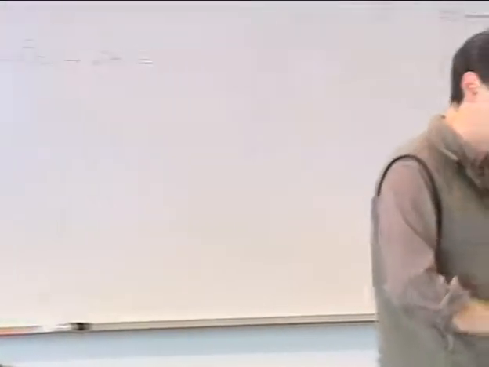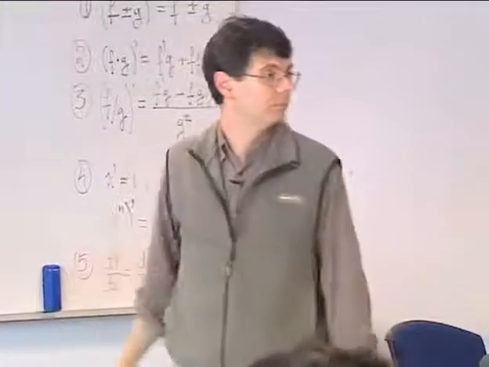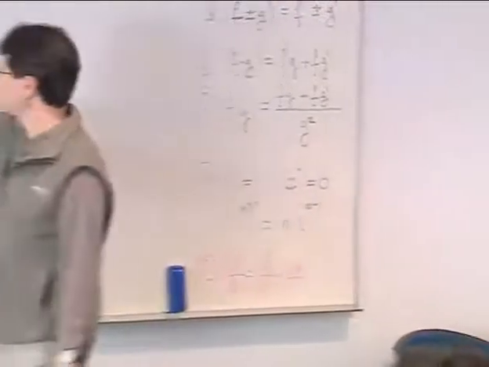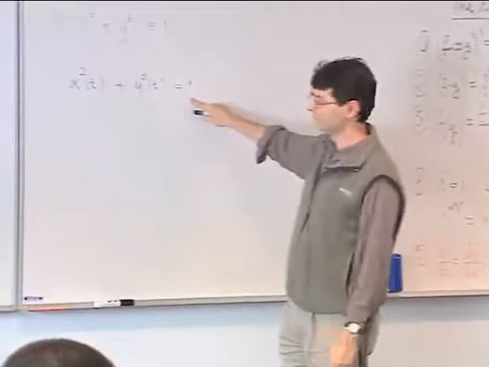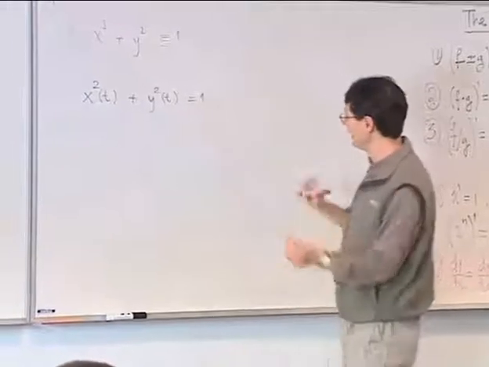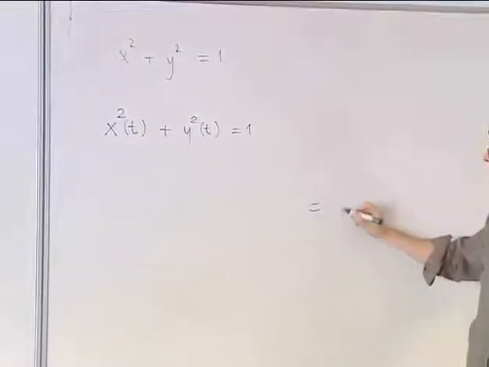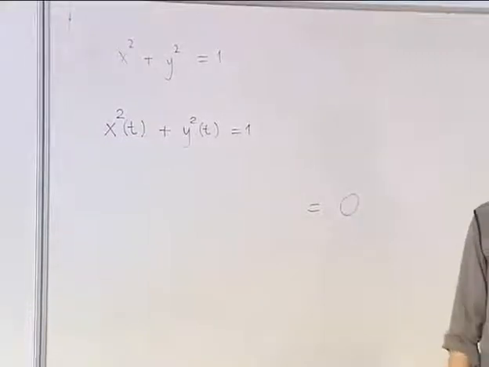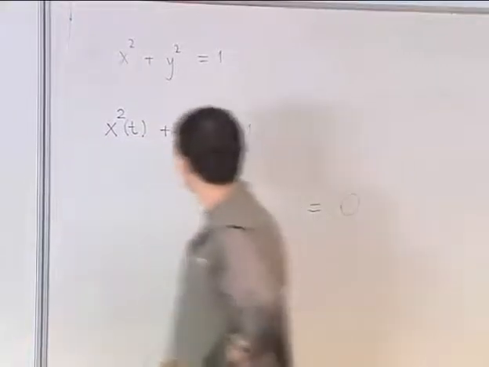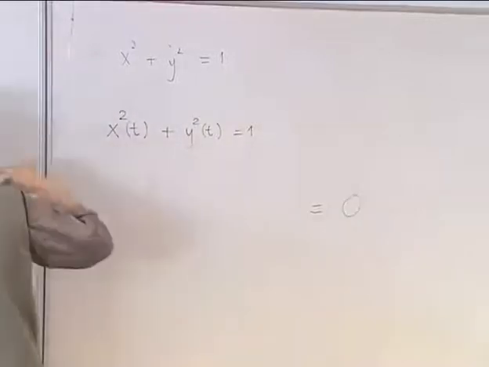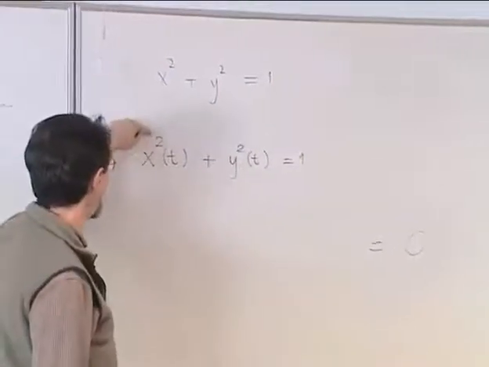So now take a derivative here. On the right side, the derivative of 1, the derivative of a constant, is 0. On the left side, all right, what is the derivative of x squared?